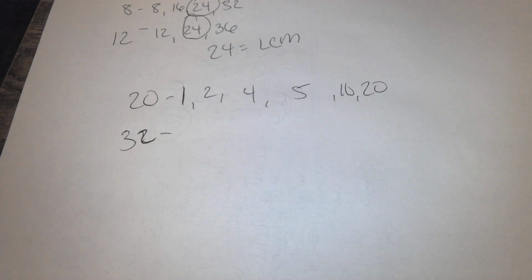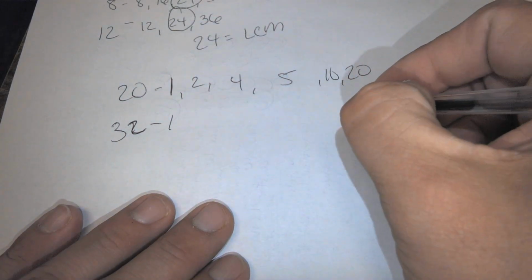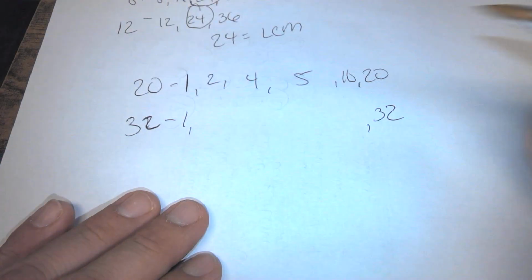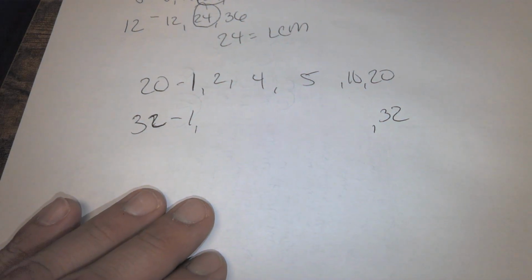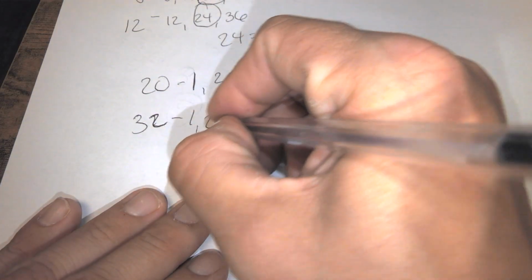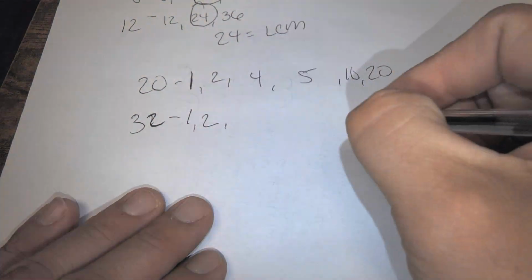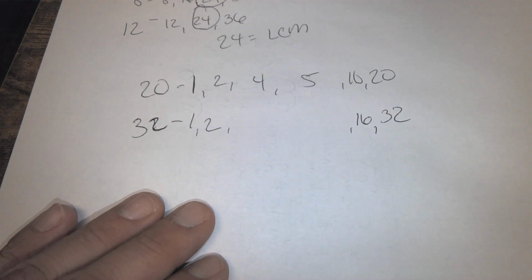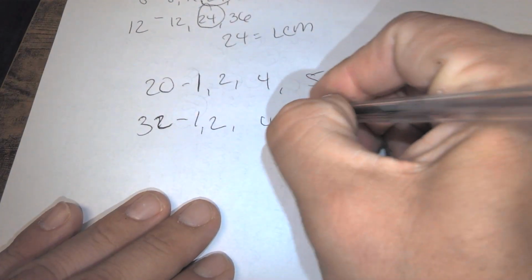Now we do 32. So I always start with 1, 32. Next one would be 2. Does 2 go into 32? Yeah, it's even, so 2 times 16. Does 3? No, 3 does not. 4. 4 times 8.